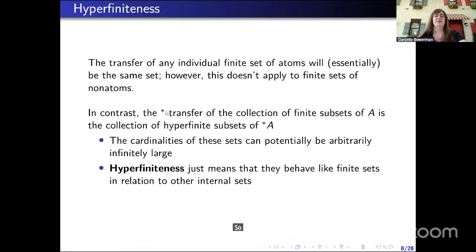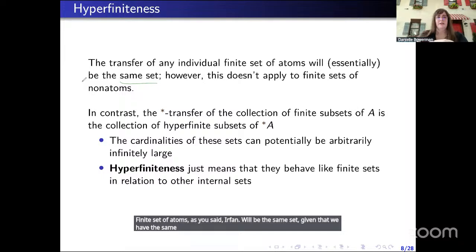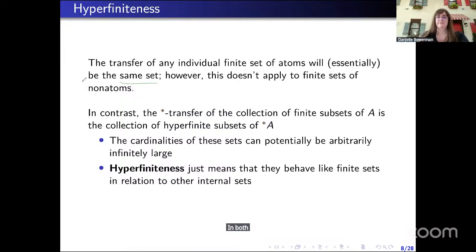So related to our discussion of the transfer of the natural numbers and other transfers, the transfer of any individual finite set of atoms, as you said, Irfan, will be the same set, given that we have the same atoms in both underlying sets.